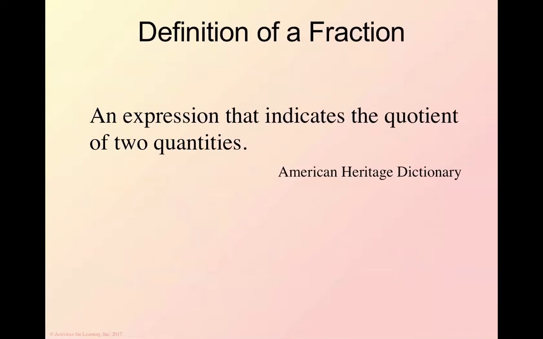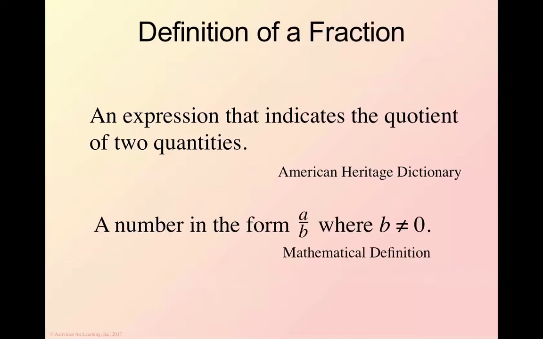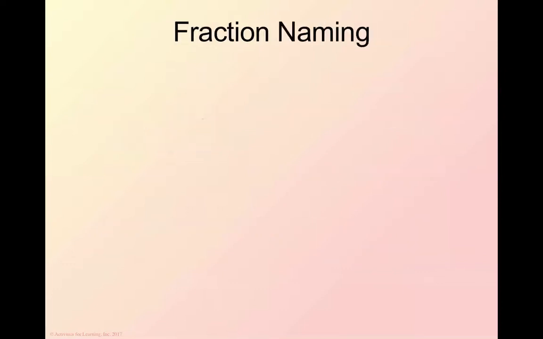The American Heritage Dictionary says it's an expression that indicates the quotient of 2 quantities. Okay, that's accurate, not very helpful, but it's accurate. A mathematical definition is that it's a number in the form of a over b, where b does not equal 0. Again, accurate, not very helpful. So let's look at what exactly it means.